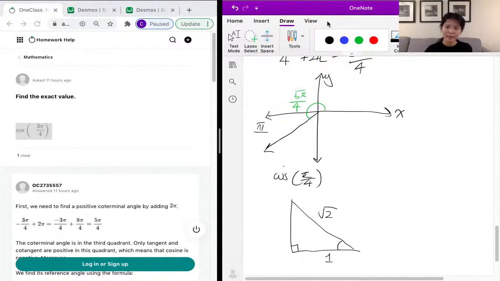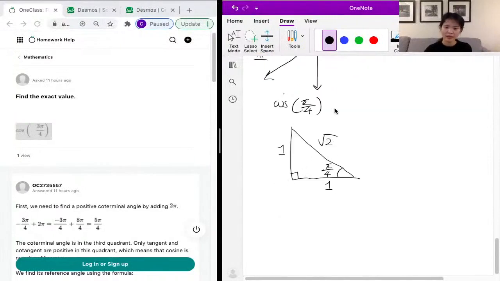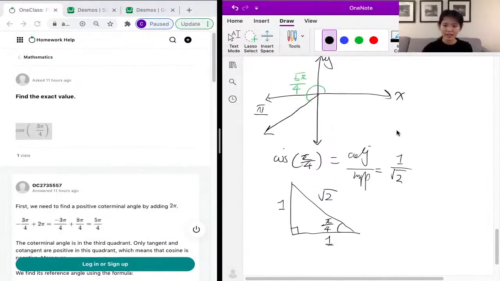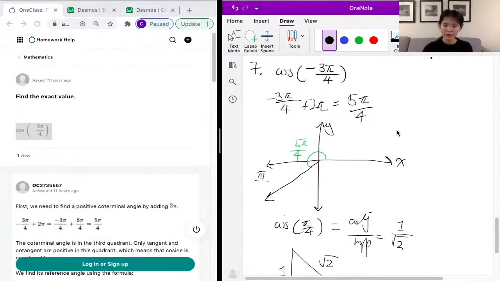I'm going to write it as pi over 4 because the angle is given in radians. Cosine is equal to adjacent over hypotenuse. So the adjacent side of the angle is 1, divided by the hypotenuse of the triangle, which is root 2. And our value of cosine of pi over 4 is 1 over root 2.